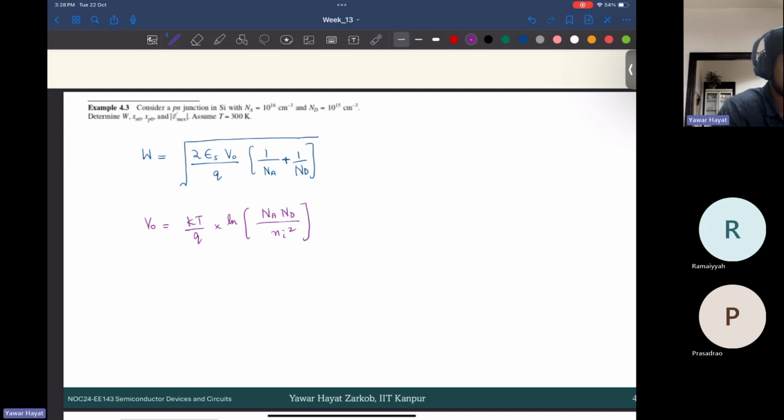Na is 10 to the power 16 per centimeter cube, Nd is 10 to the power 15 per centimeter cube. When you plug in the values, the value of V naught that you would obtain is this, right? 0.637 volts.